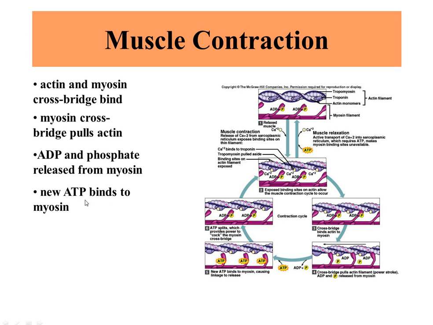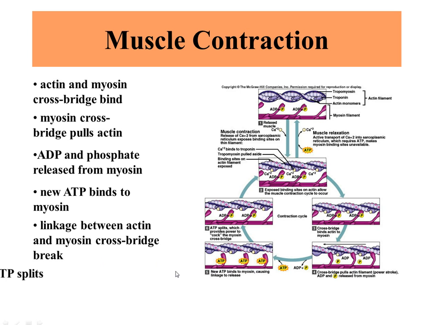So ATP binds to the myosin and it's released from the actin. The linkage between the actin and myosin cross bridge breaks when these ATPs attach. The ATP is a larger molecule that splits to a smaller molecule.